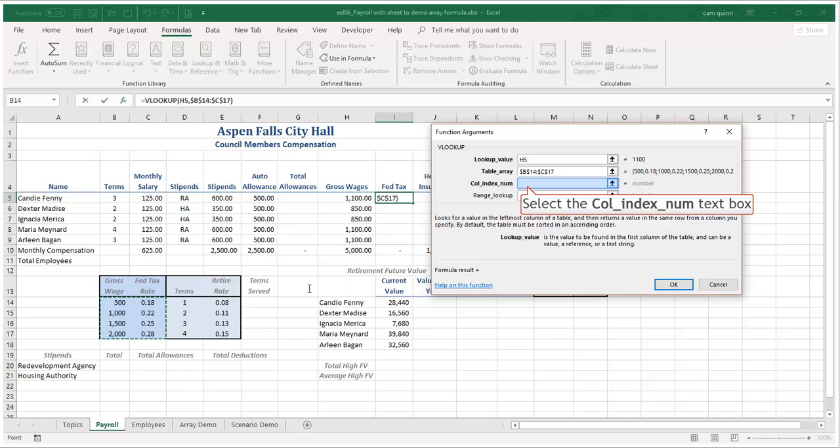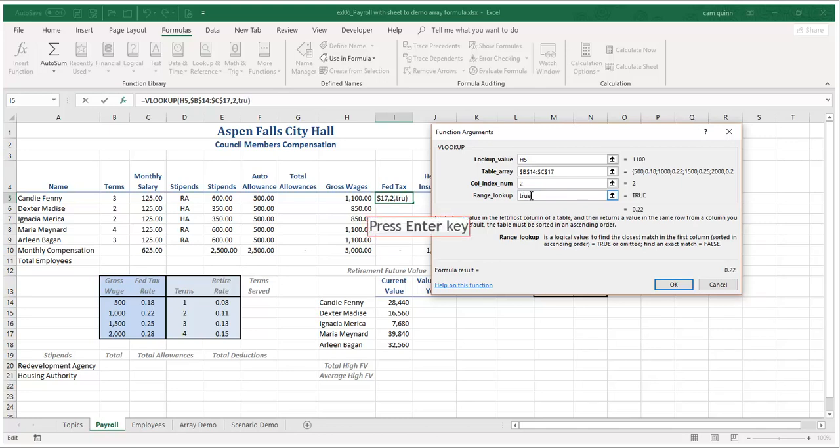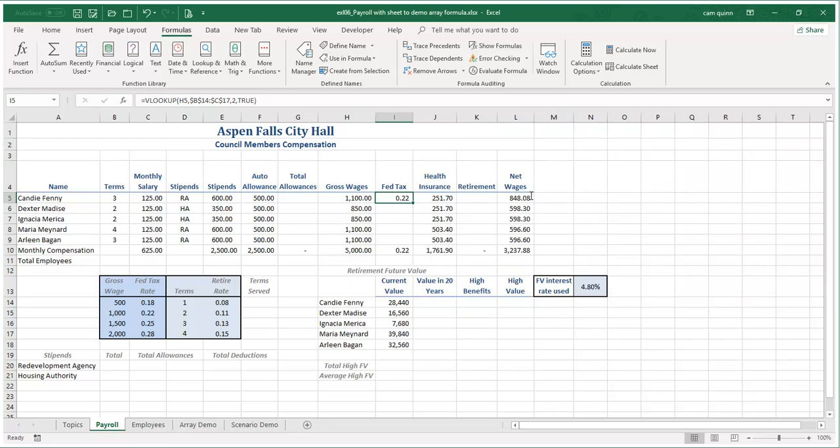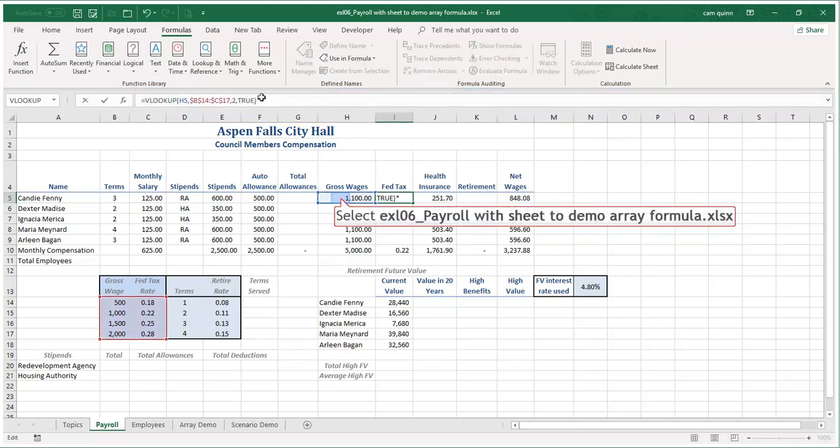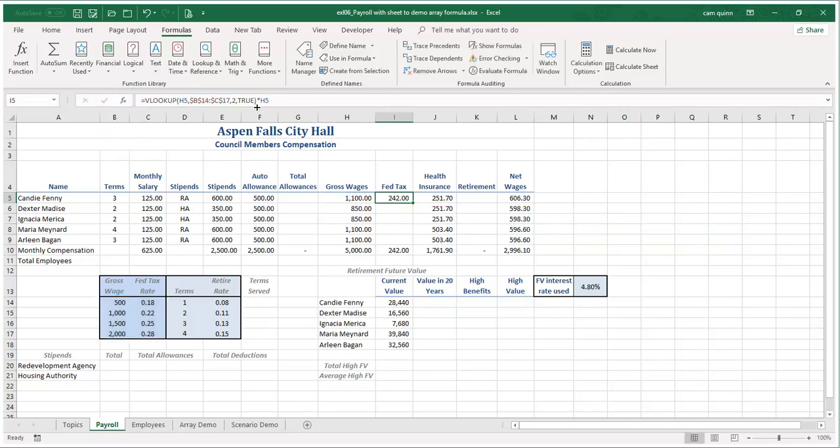I want to return whatever happens to be in column 2, and I want it to be an approximate search, so I put in true. That gives me my tax rate. Then I have to go back and multiply the tax rate by the actual gross wages to come up with their weekly contribution for income taxes.